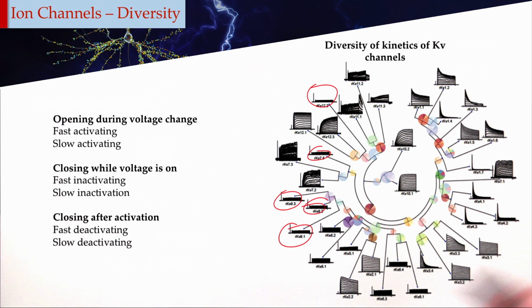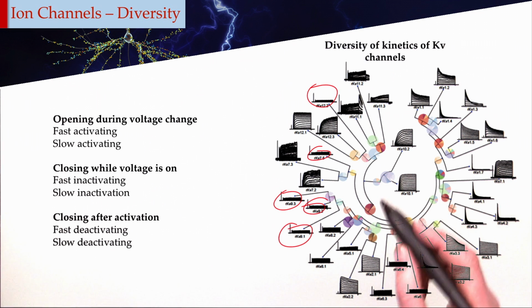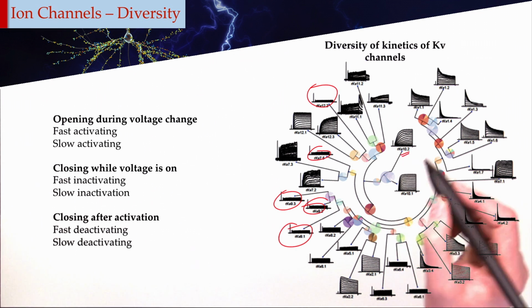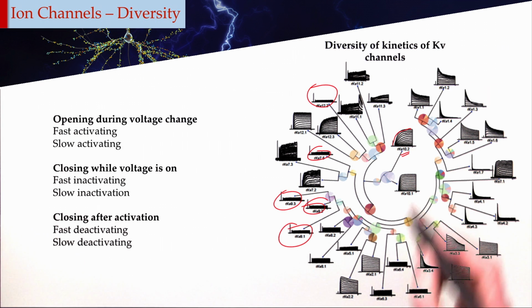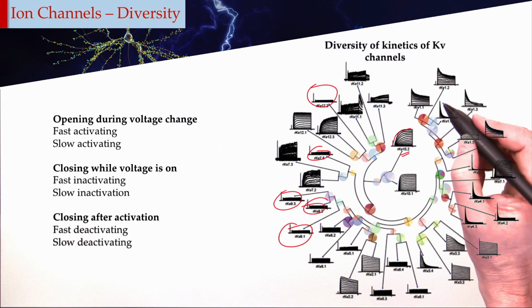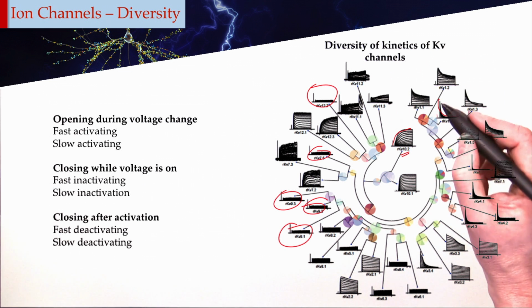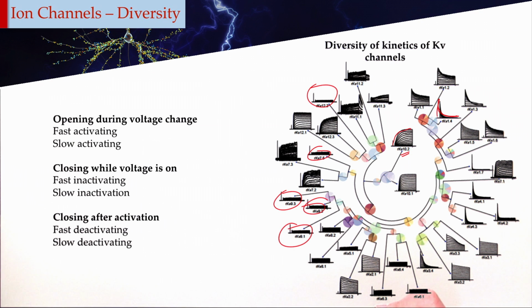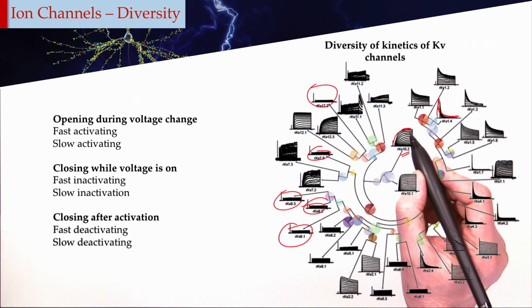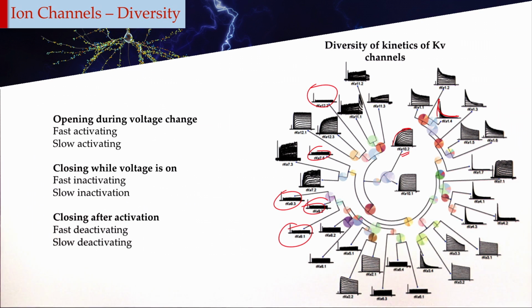But there are many that activate, and the first thing you can see is that they have many different kinds of activation. This is KV 10.2. It has a slow activation. This is KV 1.4, very fast activation and inactivation. This one has almost no inactivation. It just keeps being activated.